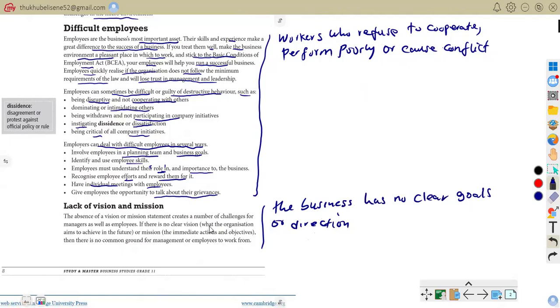For example, a company that does not know whether it wants to focus on low prices or high quality may confuse customers.